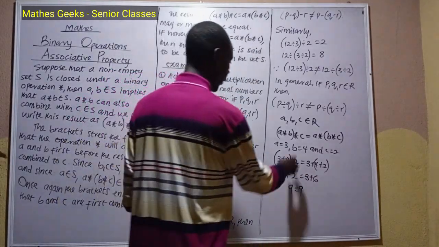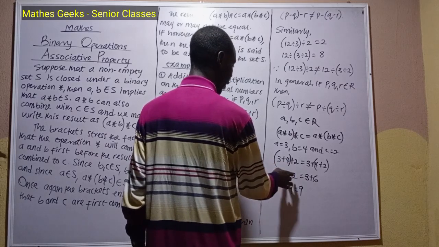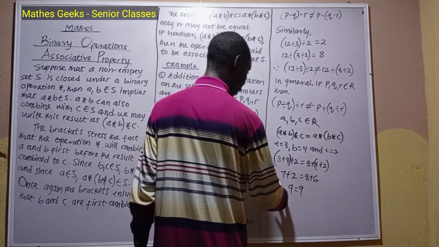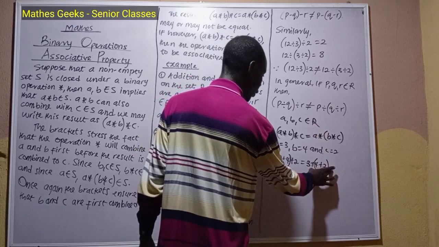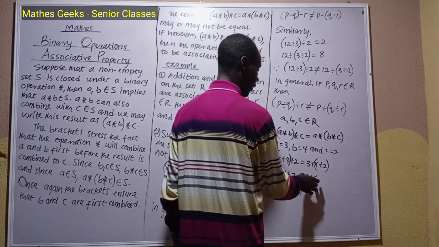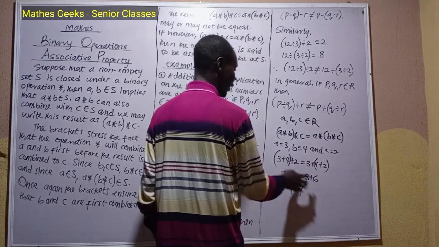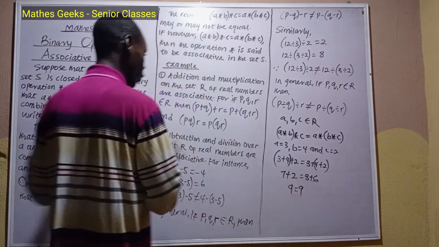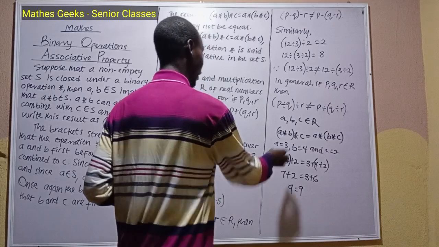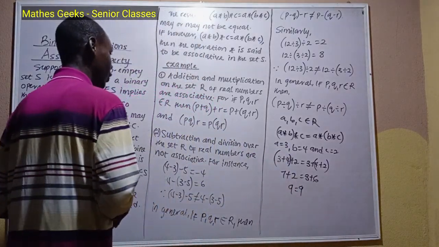If we started with the first two, got 7 and added it to 2, we get 9. And if we started with the last two members, we get 6, and adding 6 to 3, we also get 9. So whichever order we choose to start from, we get the same answer under addition. Which means that addition is associative.